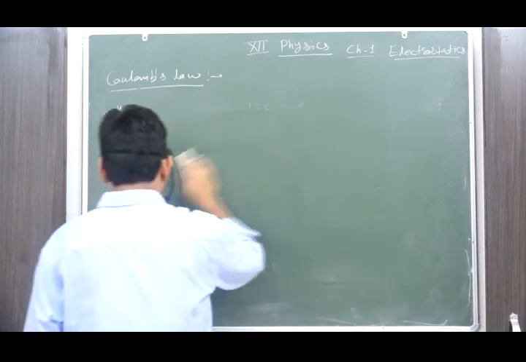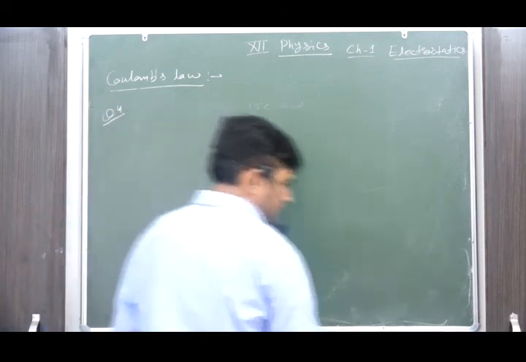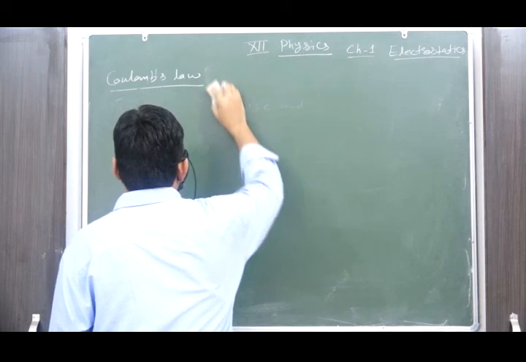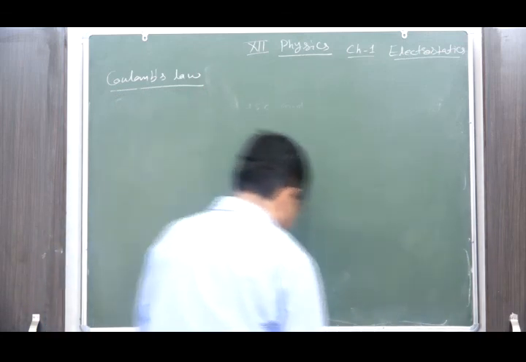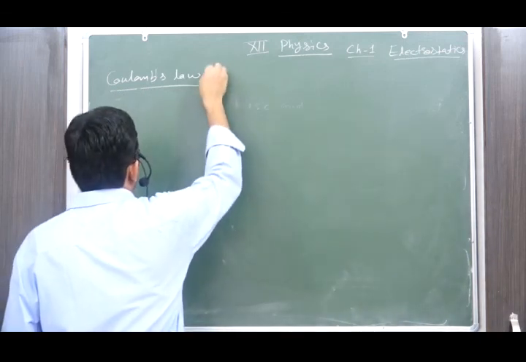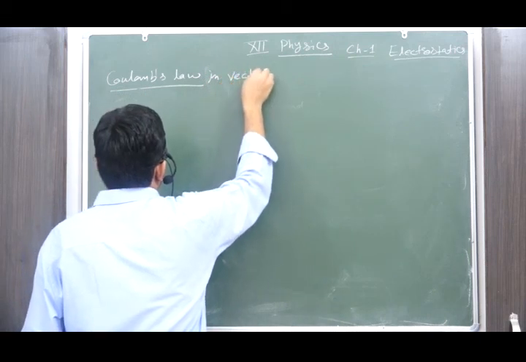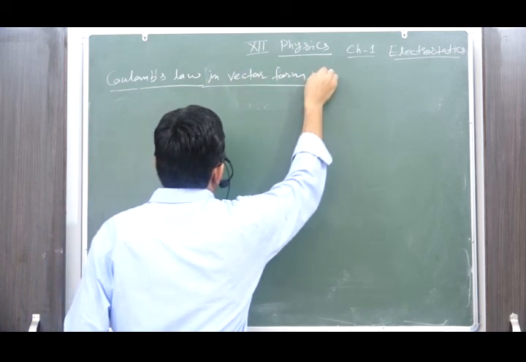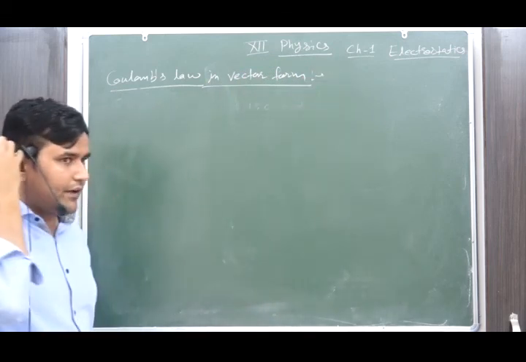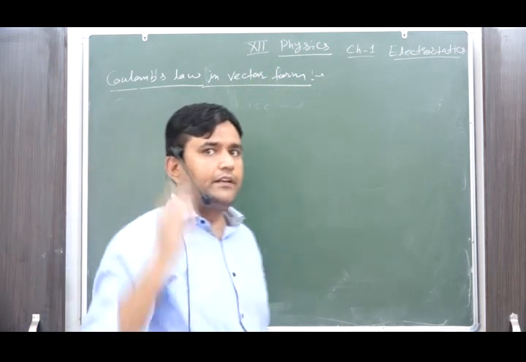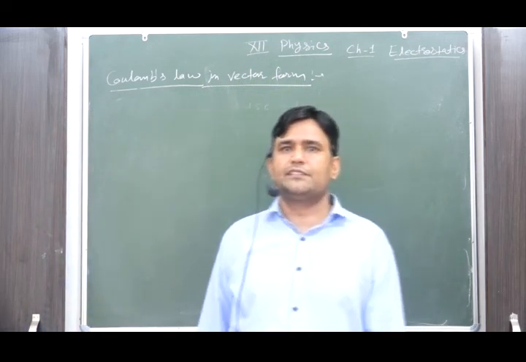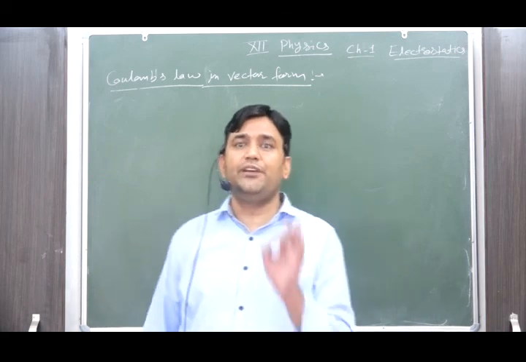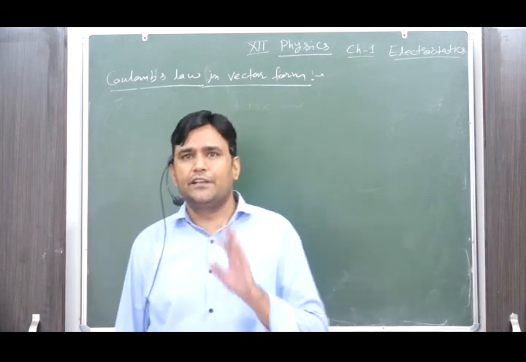Next, I am going to consider Coulomb's law in vector formulation. First, why do we need the vector formulation? Earlier we discussed that force is a vector quantity, my dear students.